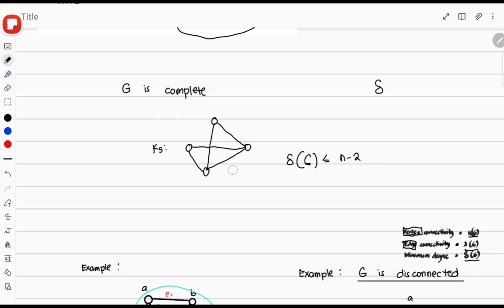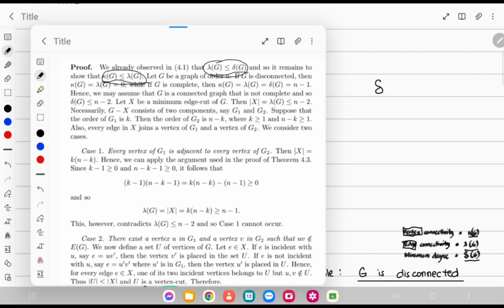Remove this vertex and this vertex. So for K5, with 5 as n, n minus 2 is equal to 3. Thus we obtain this one in the proof, which is already done here, and this one is n minus 2.